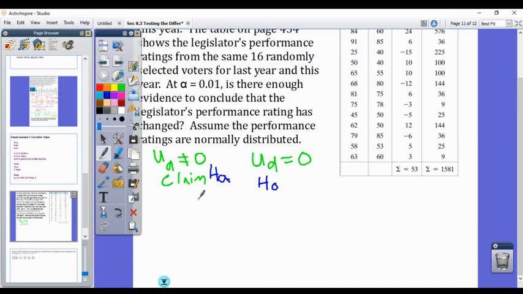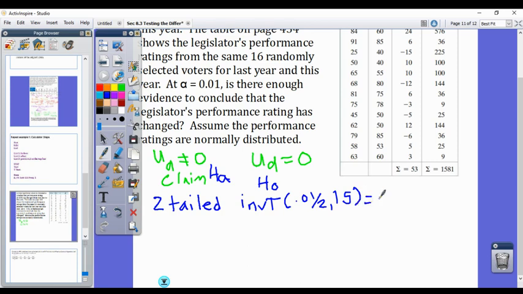All right, so I'm going to be doing a two-tailed test in this case. So that means when I find my t-value, I can do this in the calculator. I can do inverse t. And I have to divide my alpha level by 2 since I have 2 rejection regions. And my degrees of freedom in this case is going to be 15 because I have 16 total for my n.